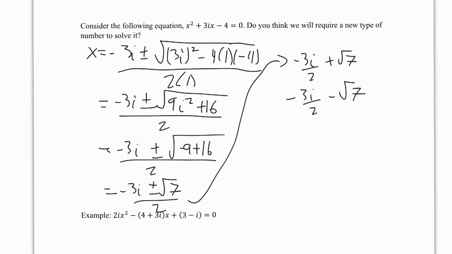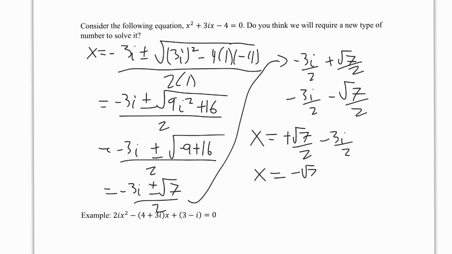If we rearrange that with the real part first, we would have x equal to root 7 over 2 minus 3i over 2, and x equal to negative root 7 over 2 minus 3i over 2.